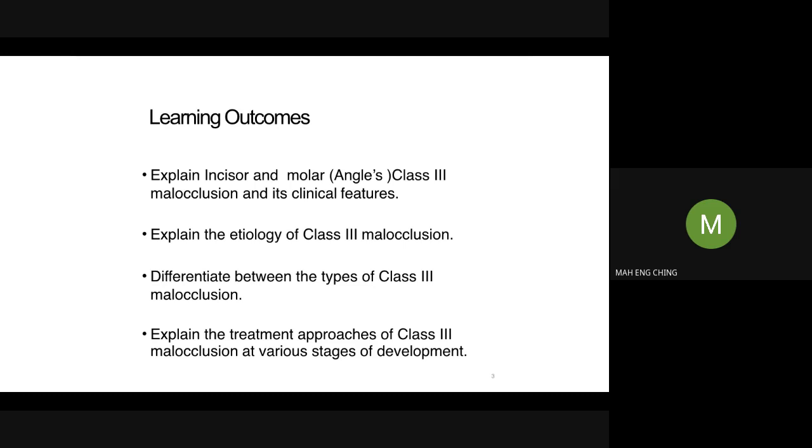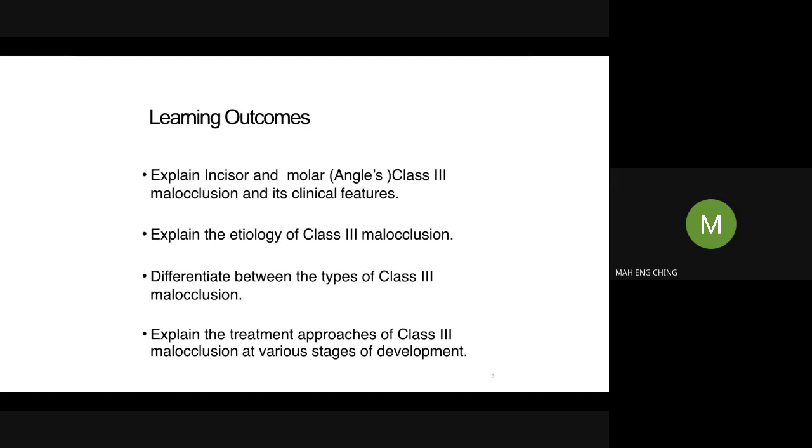But like we discussed before, when we say Class 3 malocclusion, mainly we refer to the incisor rather than the molars, because you can have a Class 2 or Class 3 incisor but a Class 1 molar, or sometimes the molar is missing, which can be a problem. So when we refer to Class 3, Class 2, Class 1, it's mainly for the incisor. So the etiology for Class 3 malocclusion can be mainly genetic.